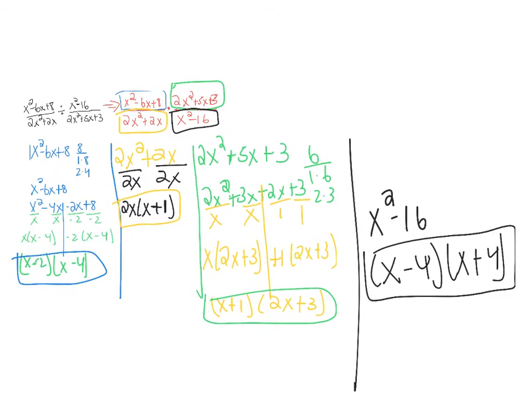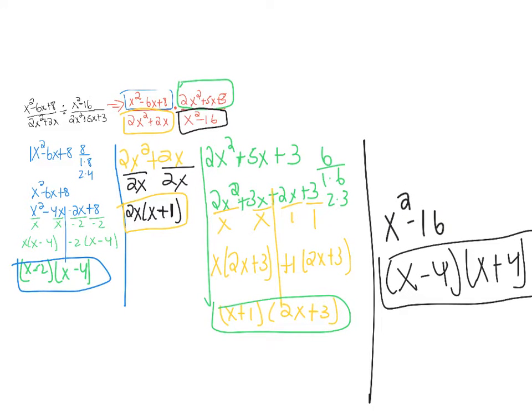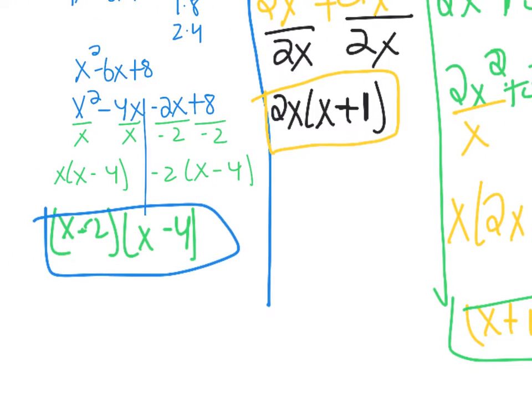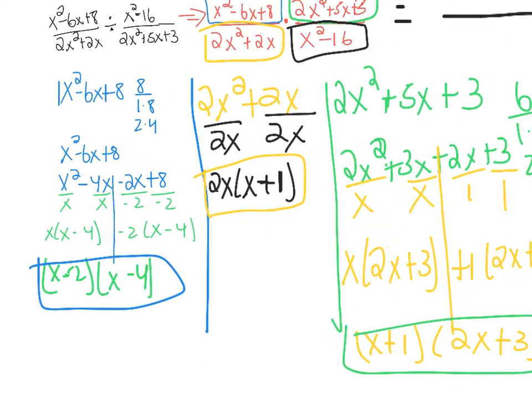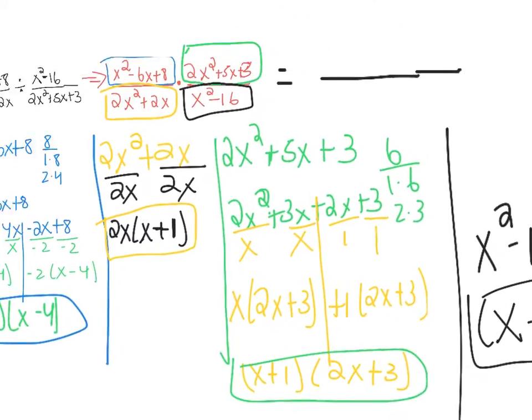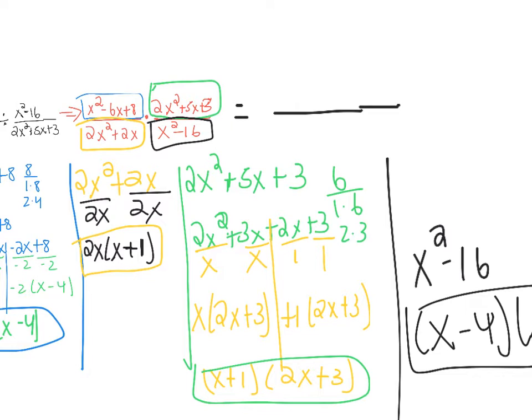Let's hope this is big enough, and rewrite it with all the answers that I have found. So for the top part, the first one is this answer: x minus 2, x minus 4. The bottom part is 2x, x plus 1.